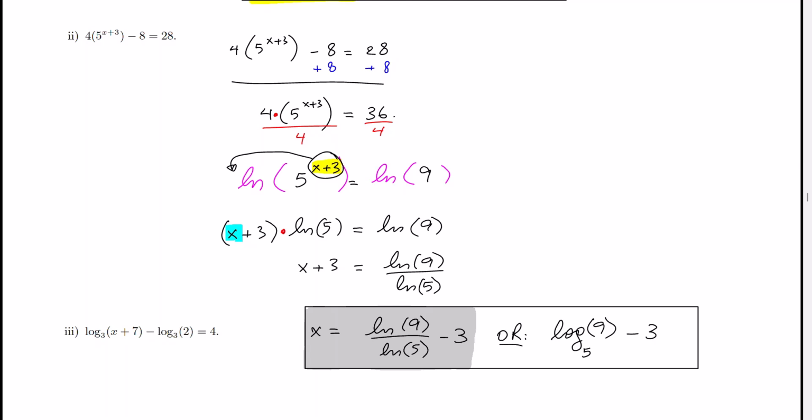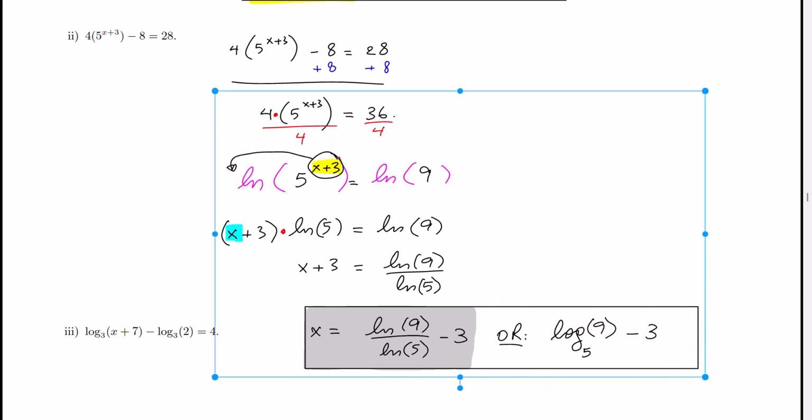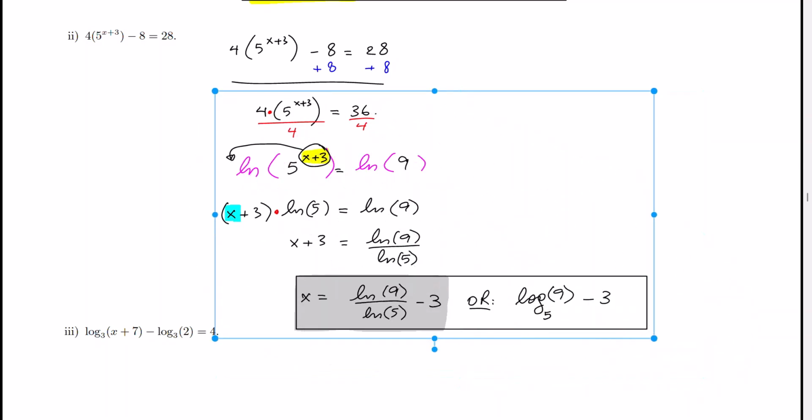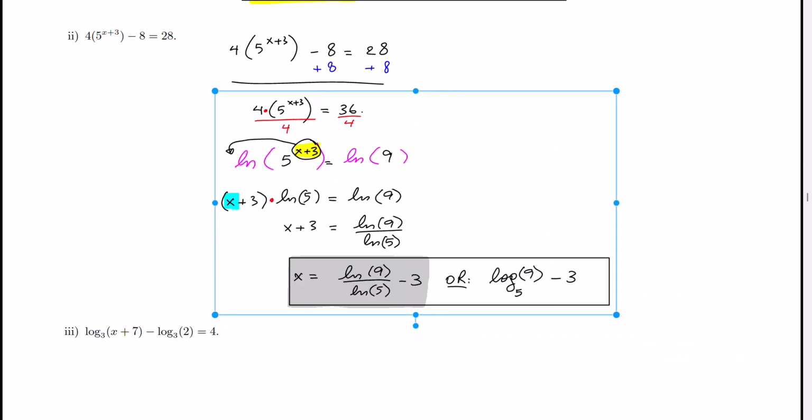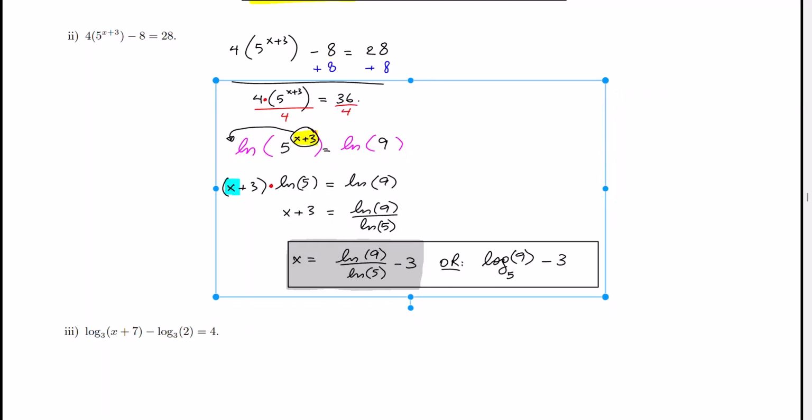So now that we have the answer, we want to figure out what it is as a decimal so we can find out and give the answer back to the problem. So let's make it a little bit smaller to fit it first, and let's put it into the calculator. So I'm supposed to type in ln of 9 divided by ln of 5 minus 3.